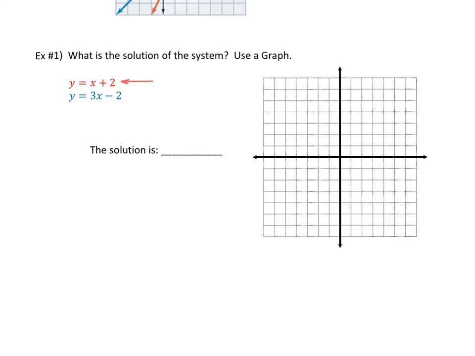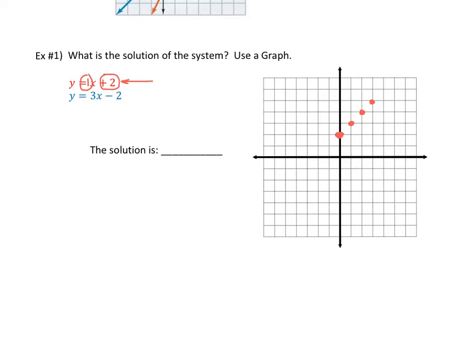Remember, you have a y-intercept of 2, so we're going to go up 2 and plot a point there. And then you have a slope, which is not shown there, but it's as if there's a number 1 there, right? So a slope of 1 means from this point you're going to go up 1 over 1, up 1 over 1, up 1 over 1. So that's going to be your first line.